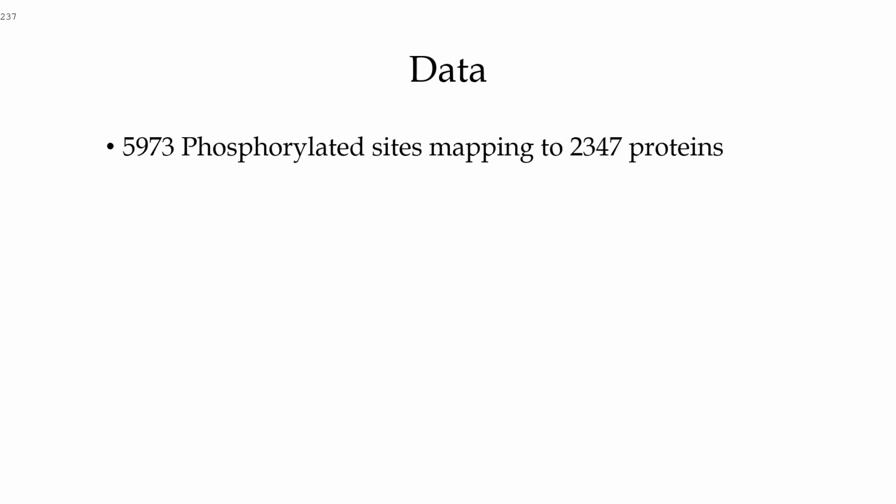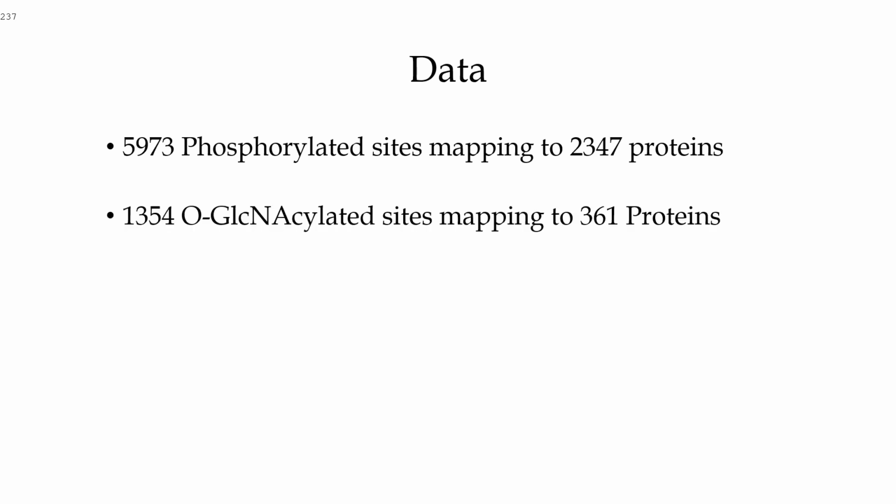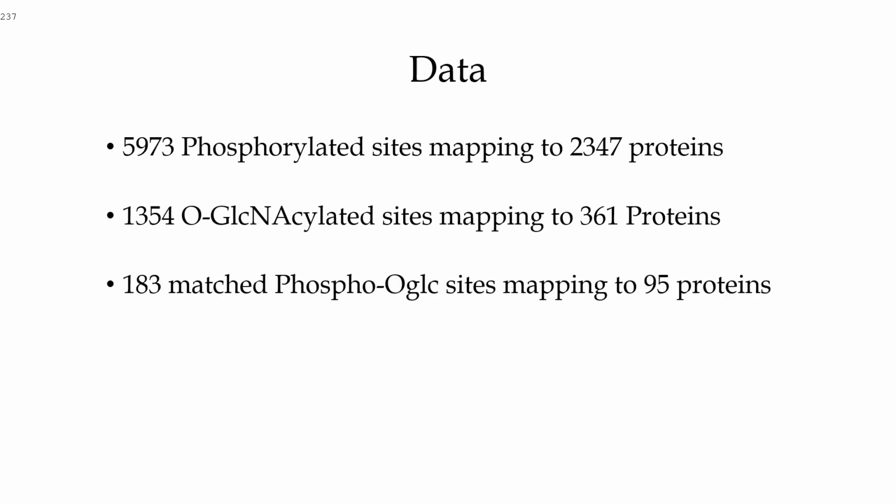We quantified 5,973 phosphorylated sites mapping to 2,347 proteins in the phosphoproteomics data, and 1,354 sites mapping to 361 unique proteins in the O-GlcNAcylation data.